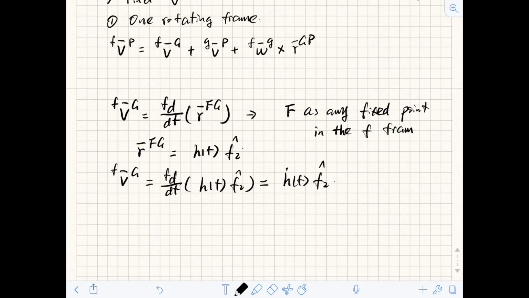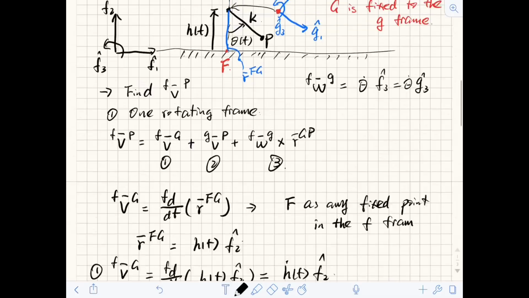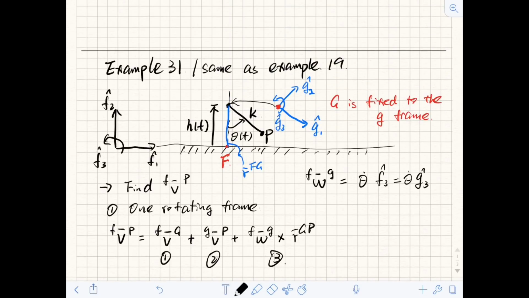And the second term is the velocity of point P in the G frame. Let's go back. We have the point P on the bar, and the G frame is defined as fixed to the bar.